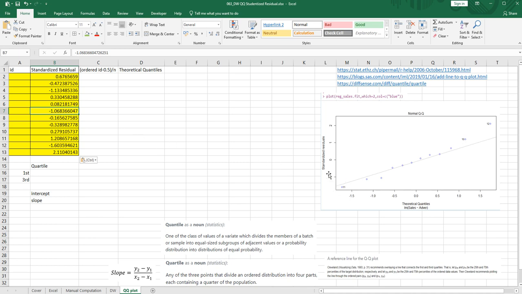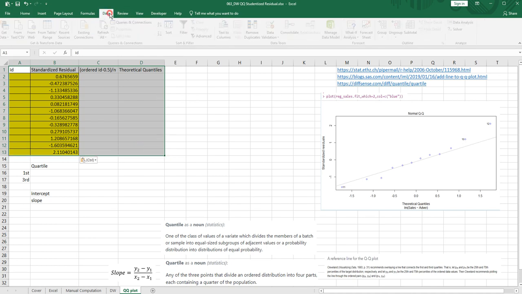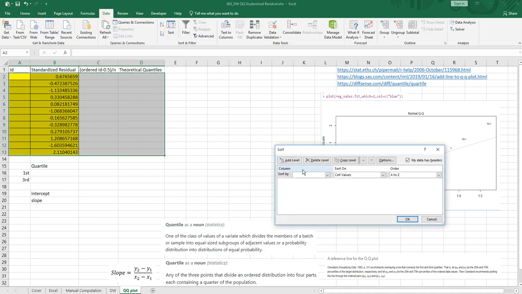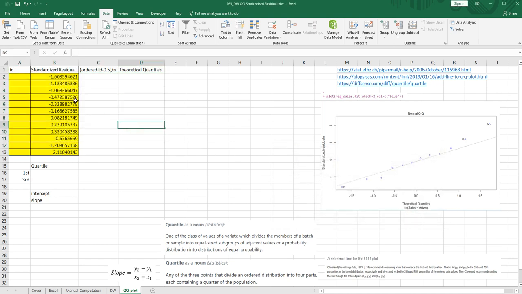So in order to get this graph, you need to sort this data. So data, sort, and we want to sort by standardized residual from smallest to largest. Okay, and give an ID.